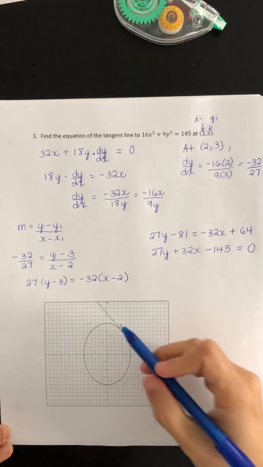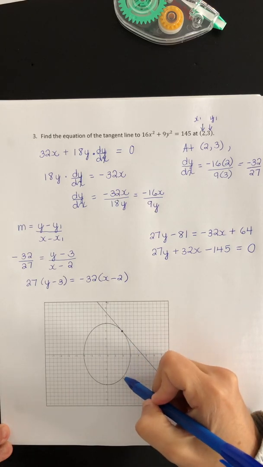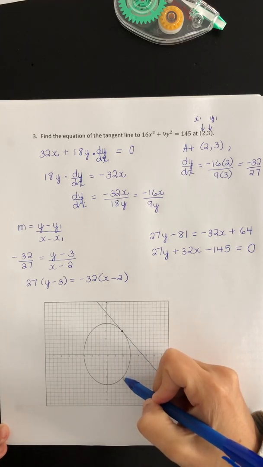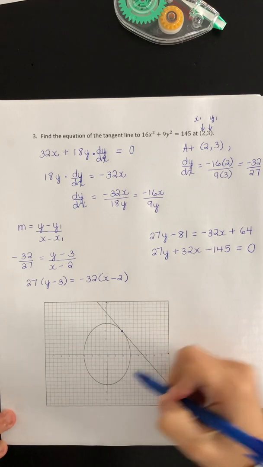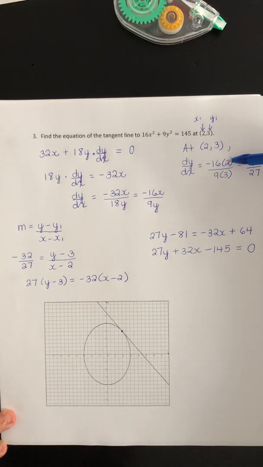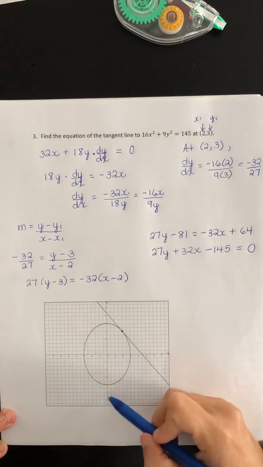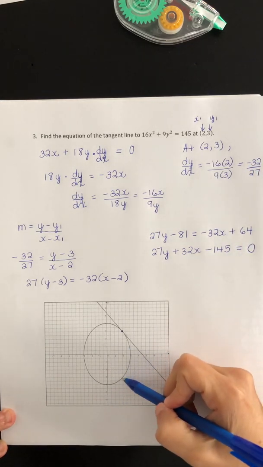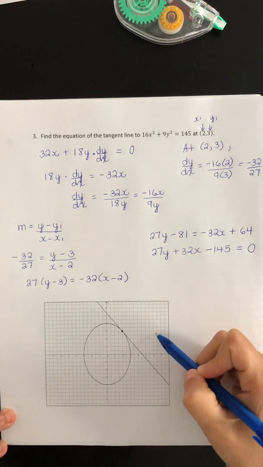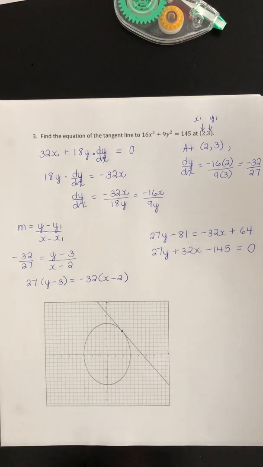And you can see what would happen if in fact, we were using the point down here. The point would be 2, negative 3. So you'd be substituting 2 and negative 3 up here, and you'd get the same slope, but it would be with a positive sign. So the slope down here of the tangent line to the ellipse would have the same magnitude but opposite sign.